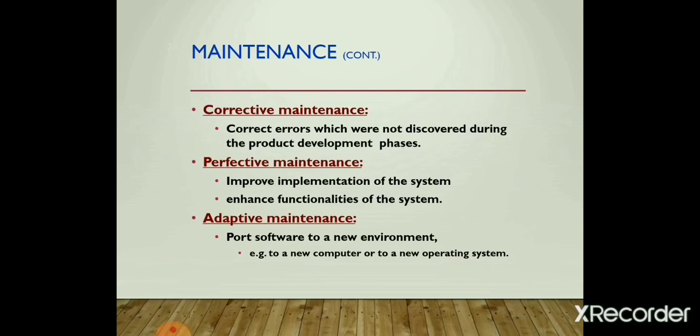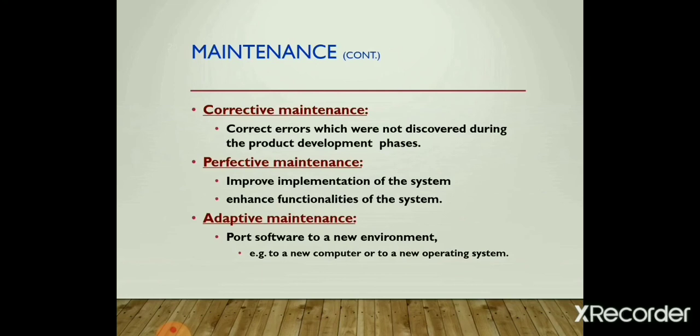Then the second one is perfective maintenance: improve the implementation of the system, enhance the functionality of the system. If the customer wants any new function in the system, that is taken care of by the developer team, and it is known as perfective maintenance.